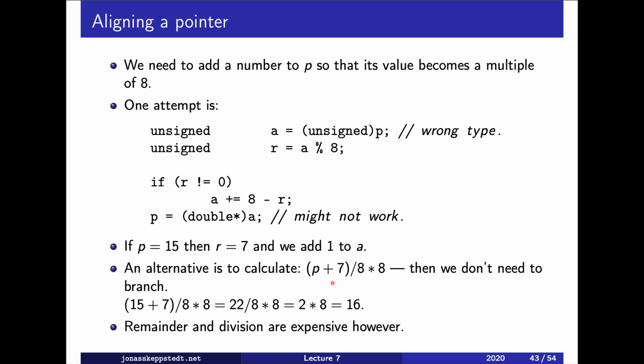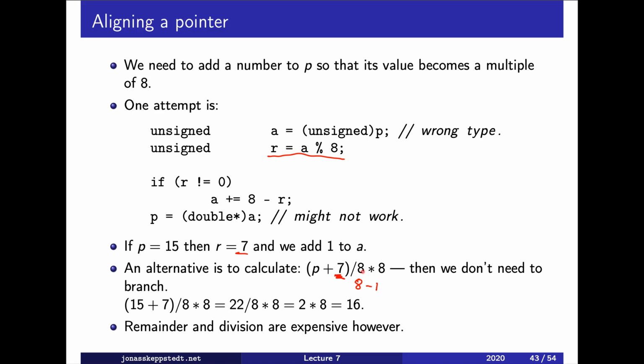So this 7 comes from 8 minus 1. Okay, but this is an unfortunate example, but this 7 comes from this expression. So this one is dependent on the input value of p, but this is not.